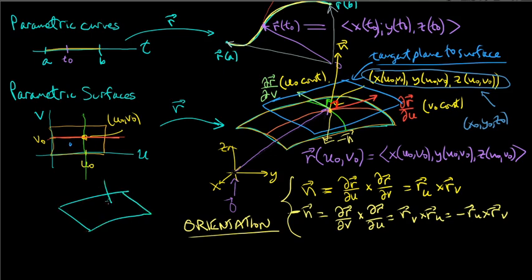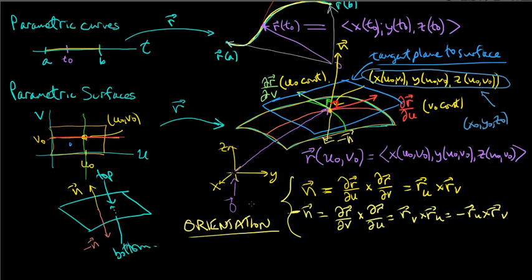You have the top of the surface, and then you have the bottom of the surface. So which do you want, the top or the bottom? If you want the normal vector pointing upward, you can say that's a positive orientation. And if you want the normal vector pointing downward, you can call that a negative orientation. So we'll get into more detail later.